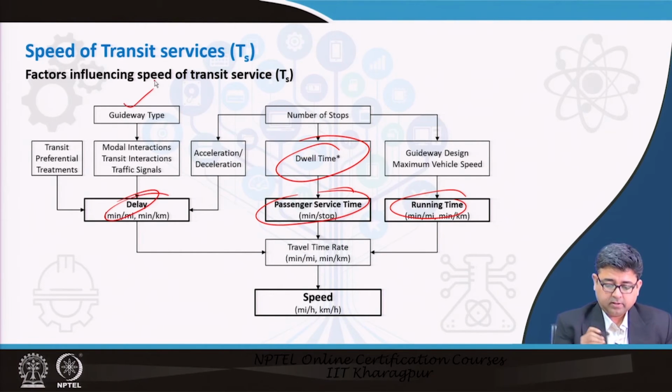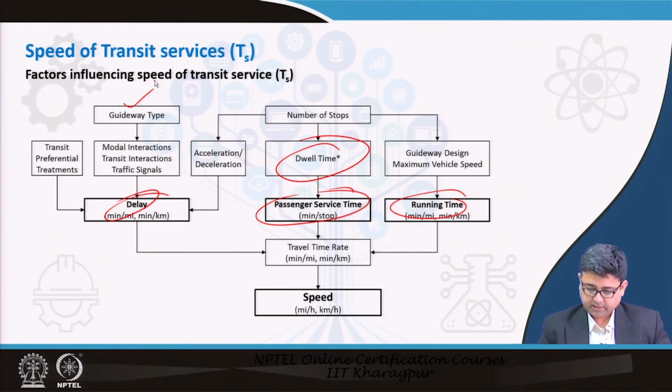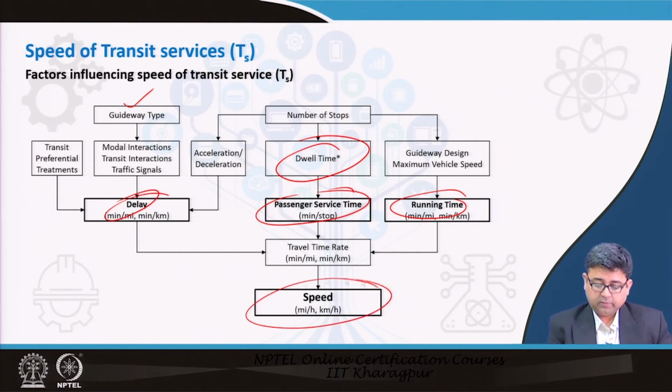If you have your own right of way, your own guideway, then you can maintain a good transit speed. Whereas, if you are operating on a shared right of way, for example, buses or trams, then your transit speed will be affected by those other modes as well.